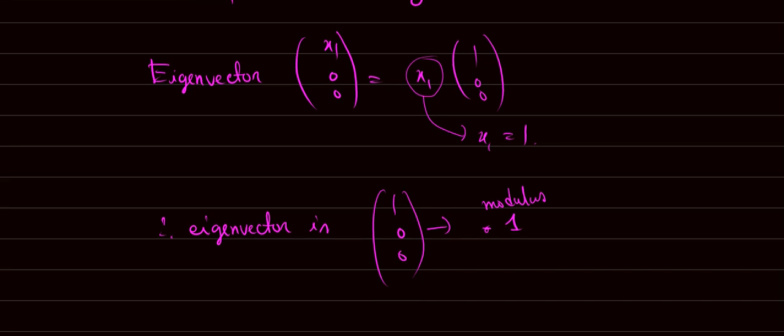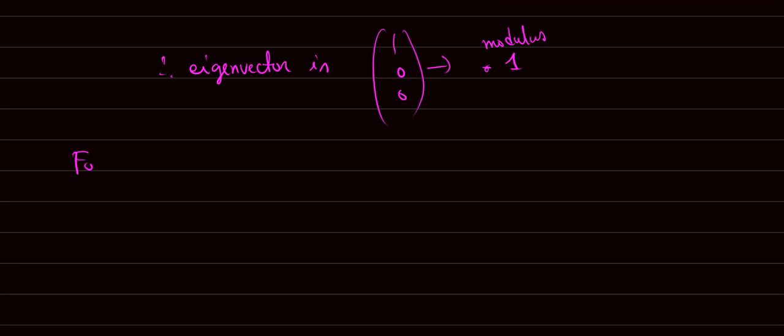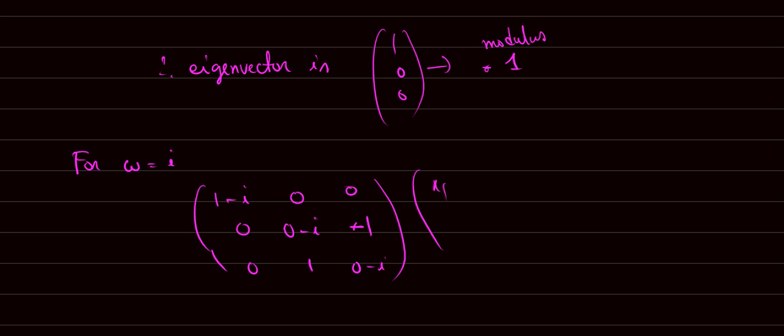Okay, now for the second one, for the eigenvalue i, what will happen if this is i? The equation will be the matrix with entries 1 minus i, 0, 0, 0, minus i, minus 1, 0, 1, 0, minus i, acting on our eigenvector, let's say x1, x2, x3, it will give us the 0 vector.